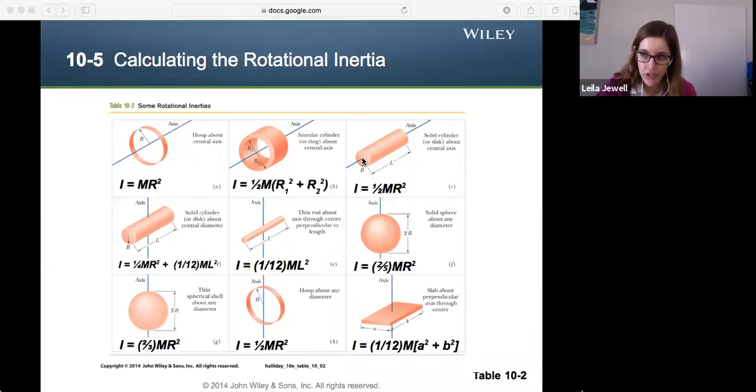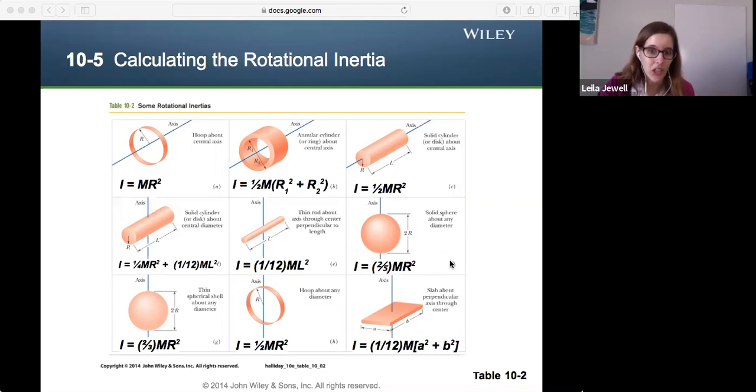We have one about the central axis, and then one about the central diameter. Central diameter would be spinning around like so. Central axis would be more like a rolling. So it would be 1/2 MR squared versus the solid sphere at 2/5 MR squared.